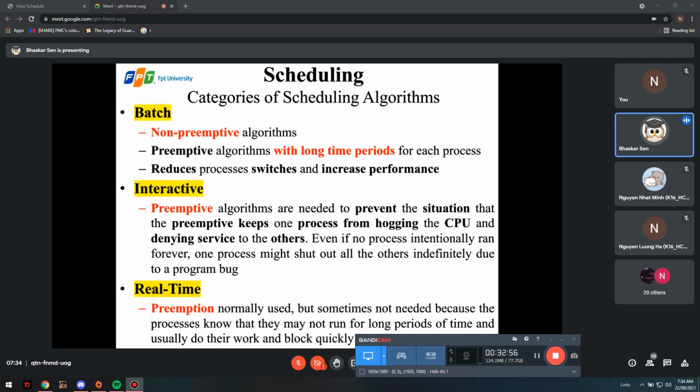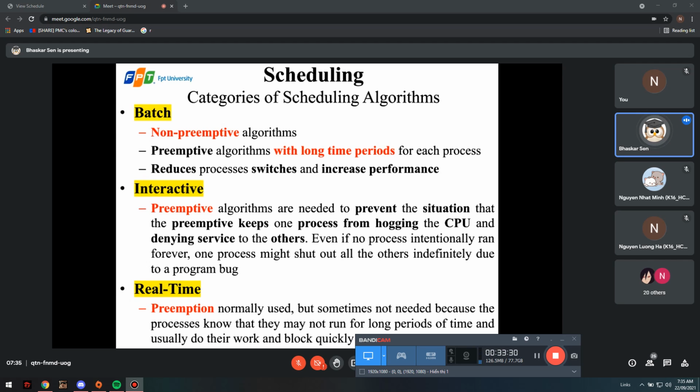Categories of scheduling algorithms. So how many different categories of algorithms do we have? Now that is something very interesting because broadly speaking, the algorithms that we'll be looking at have been grouped together in three different categories. One is batch systems, the next is interactive, and the next one is real time.